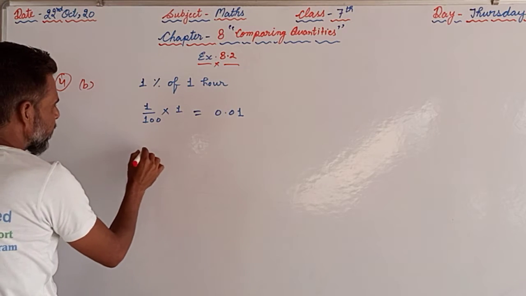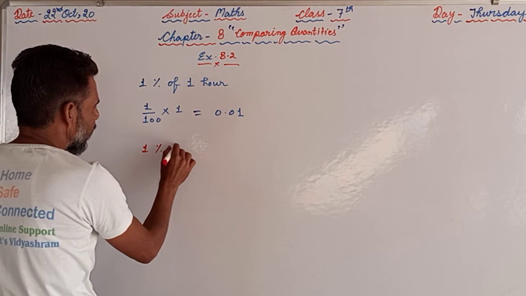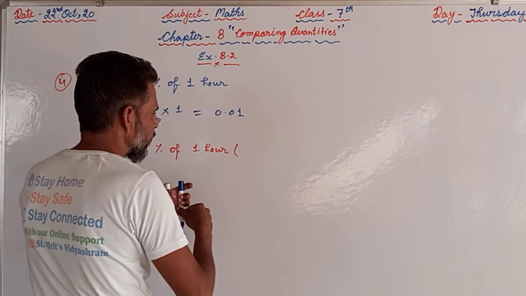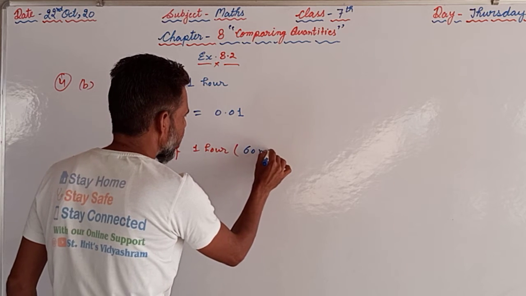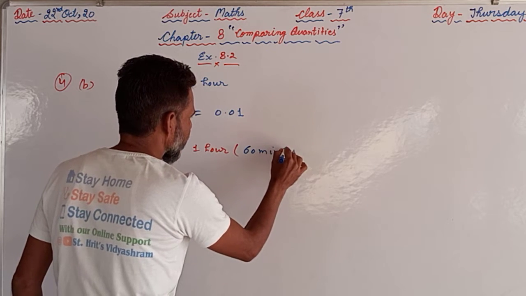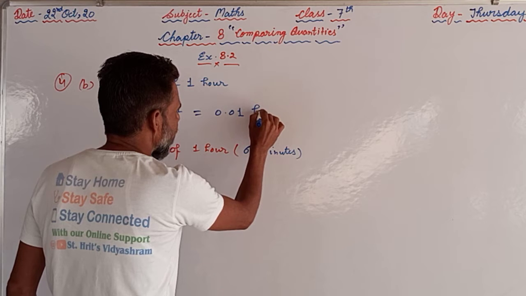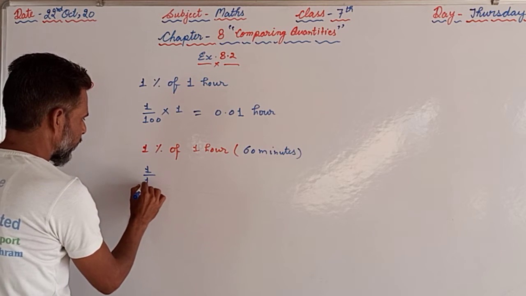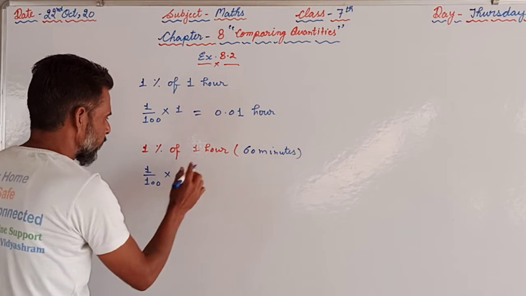Second method is 1% of 1 hour means in 1 hour 60 minutes are there. So that answer was in hour. Here 1 upon 100 into 60.